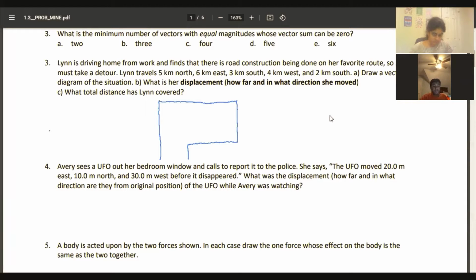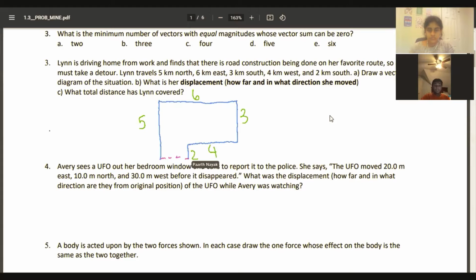And so it's asking us to find a vector of the entire situation. So we have this diagram printed out. And basically what we can do is we can create a vector by connecting these 2 points and then figure out how much distance she traveled. Since distance is the easier one to figure out, I'm going to do that one first. So we have 5 here, 6 here, 3 here, 4 here, and 2 here.